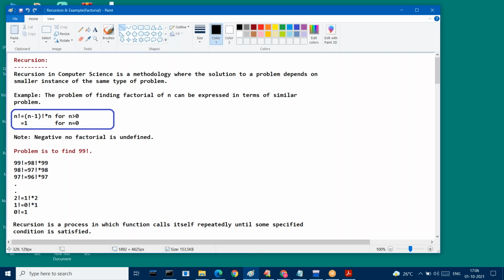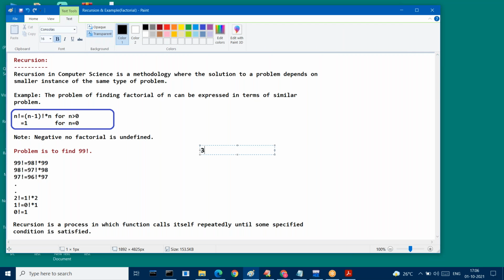Suppose if I ask you to find factorial of 3, then immediately you will say that 6 is the answer. If I ask you what is factorial of 5, you will also tell, sir, 120.